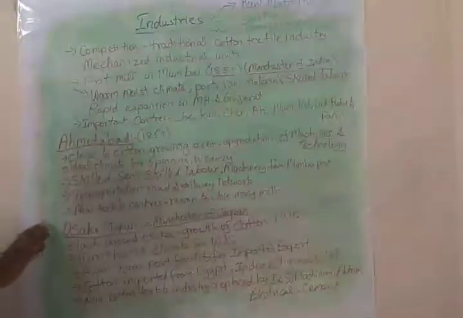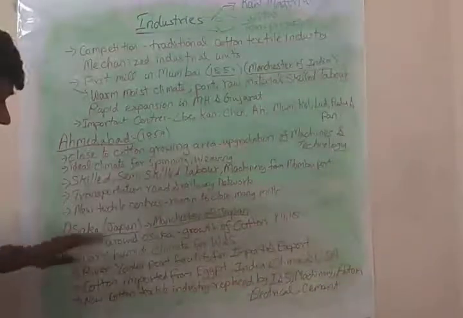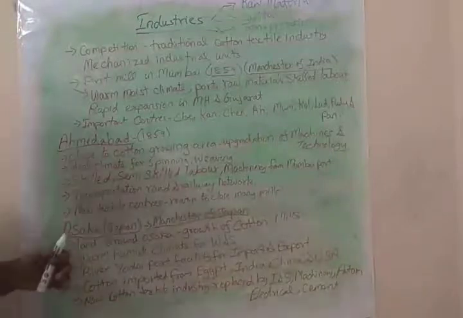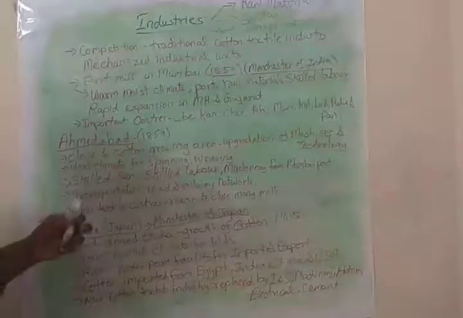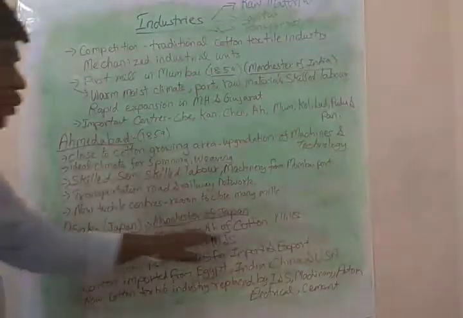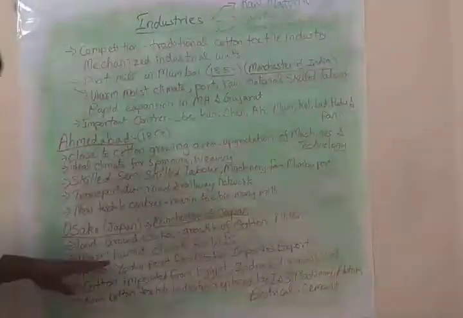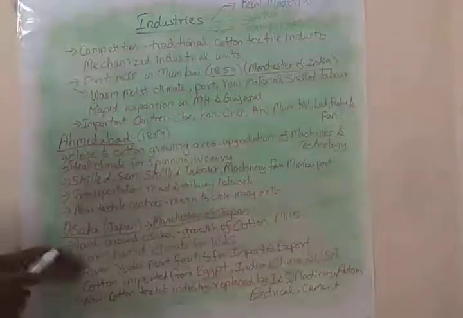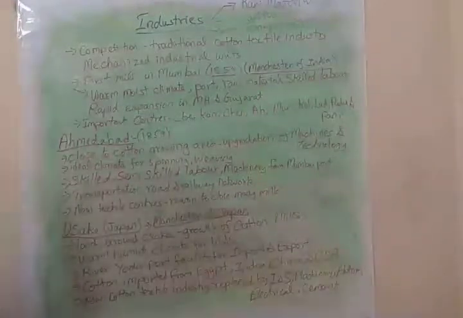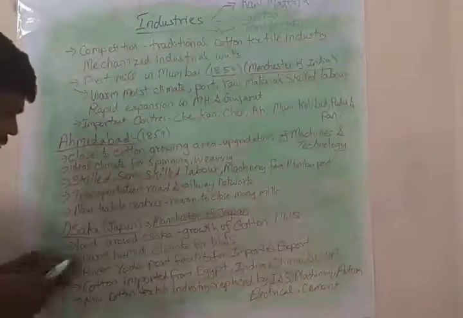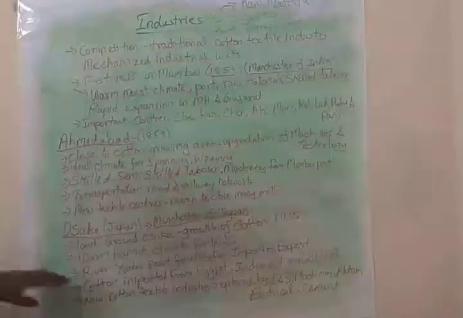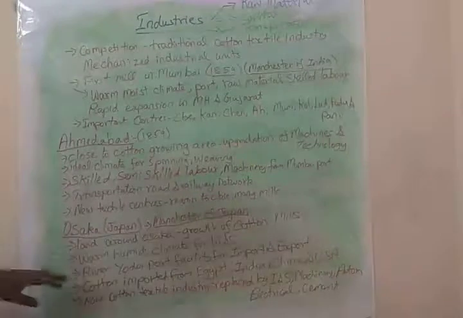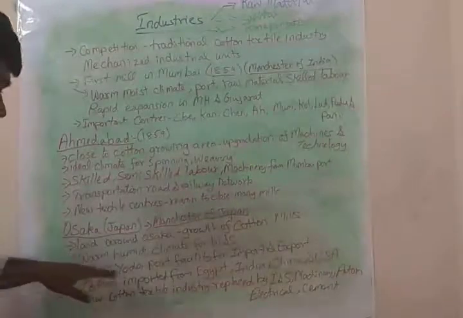So the first thing for Osaka is that the land around Osaka was very much available for the growth of cotton mills. That is the first reason. And the next thing is they have a warm and humid climate for weaving and spinning. And for the textile industry, water is also very much needed, and in Osaka they got the water from the river Yodo.